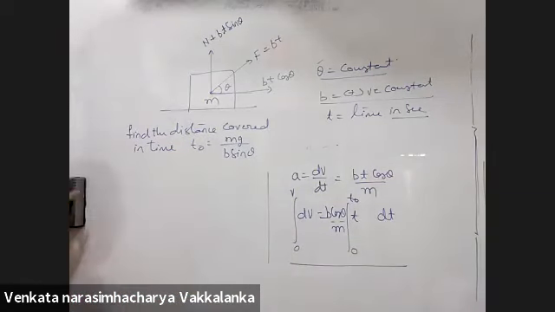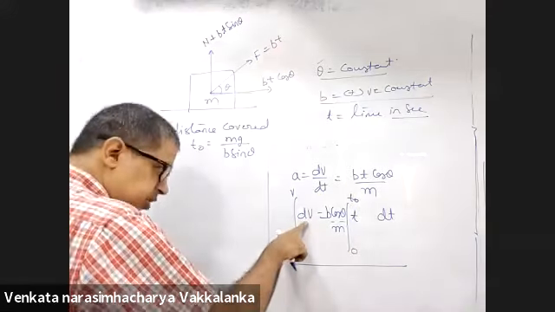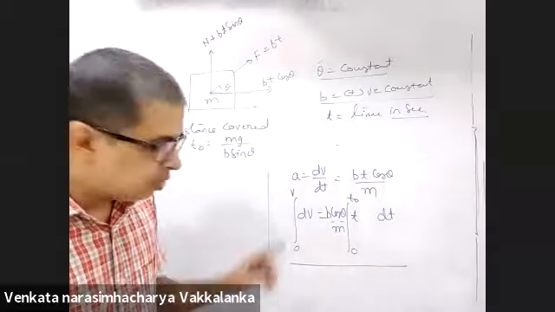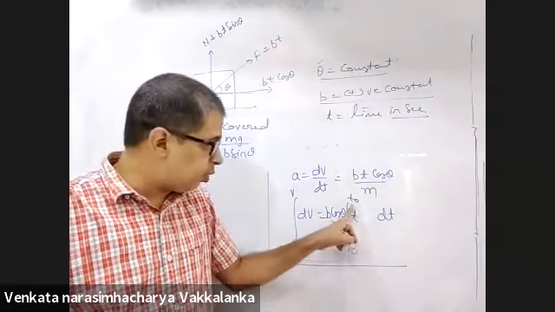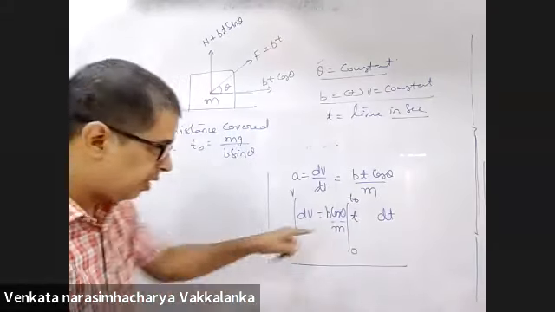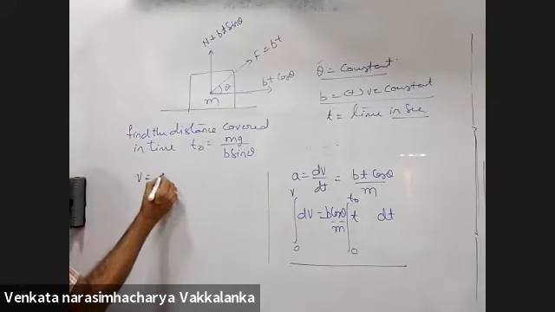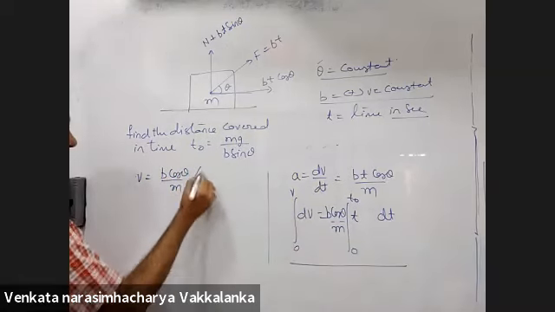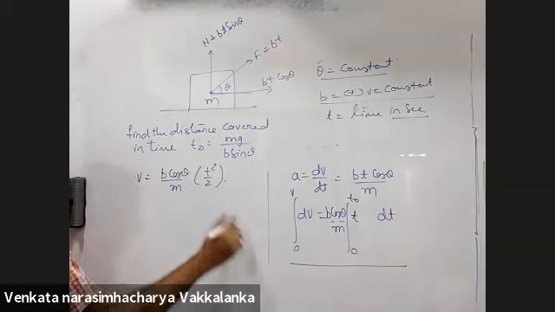Now, if you're asking me for the distance covered, technically I should find an expression for velocity as a function of time. Small adjustment here. Don't substitute the limit t naught. Keep it as a function of t. So velocity is B cos theta by m times t square by 2.